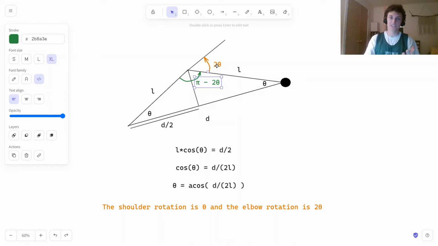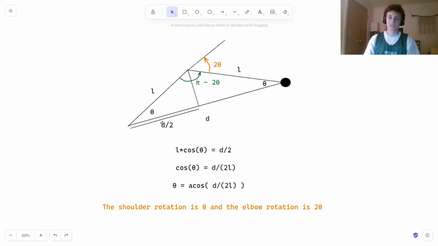The pi's cancel and you just get 2 theta. So once you find the angle of the shoulder, the angle of the elbow is just twice that. And that's the simplification for an IK arm or a leg when you make this assumption.